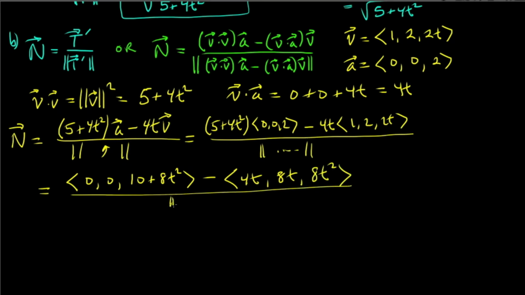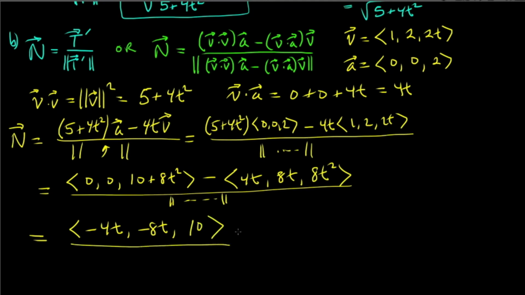And again, don't forget to divide by the magnitude. So what is this vector? We just get negative 4t, negative 8t, and then 10 plus 8t squared minus 8t squared is just 10. Right. So divide by its magnitude.